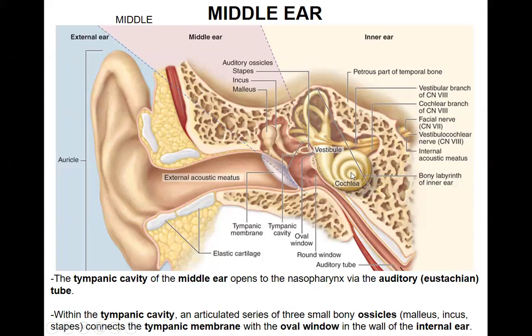This is how the sound wave penetrates into the inner ear and generates the motility of the hair cells that are present in the cochlea. And the hair cells are neuroepithelial cells, actually. We'll see soon.